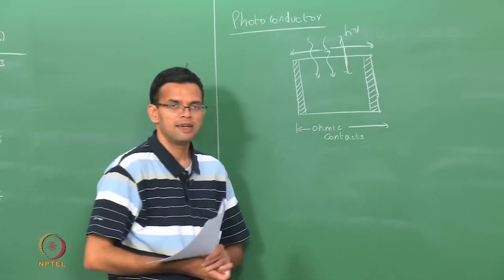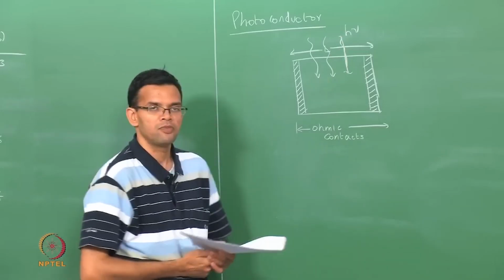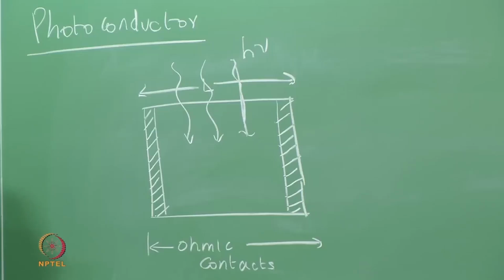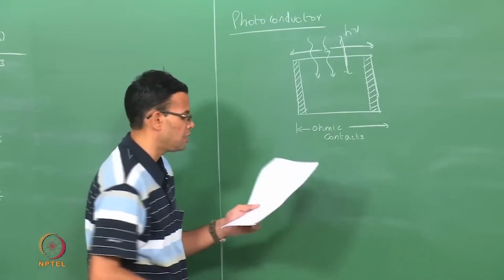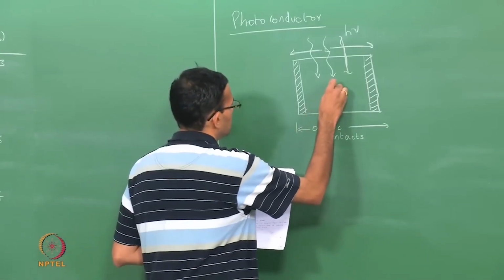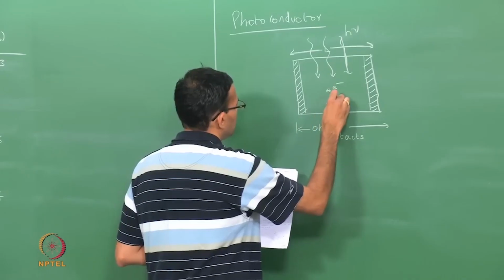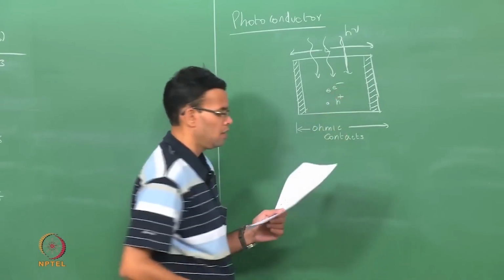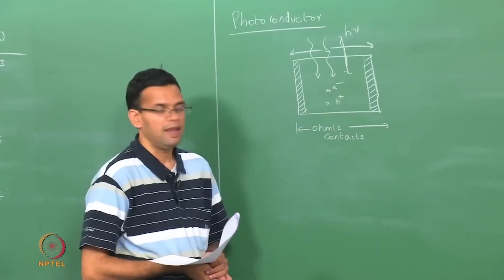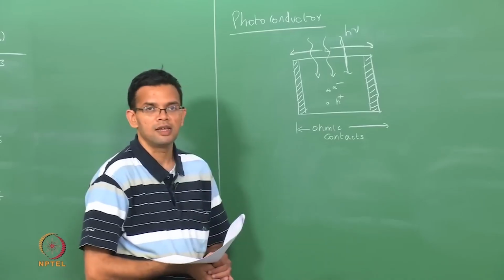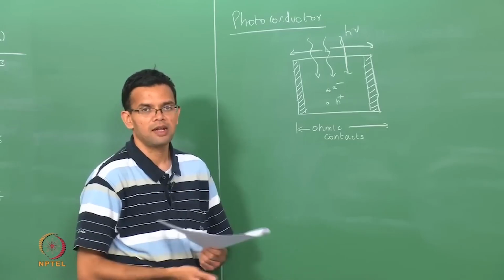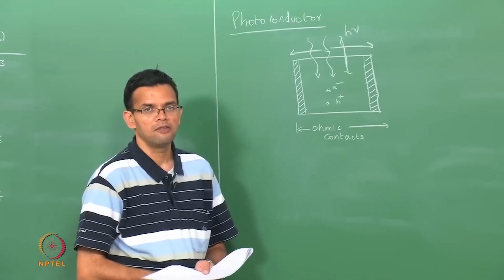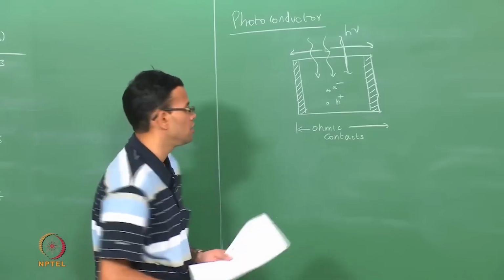You have incident light with some energy which depends upon the wavelength. It is h mu, or h c over lambda, and if this energy is sufficient, it will generate electron hole pairs. If we now apply an electric field across the silicon using the ohmic contacts, we can extract the electrons and holes and form a current, which is your photocurrent.